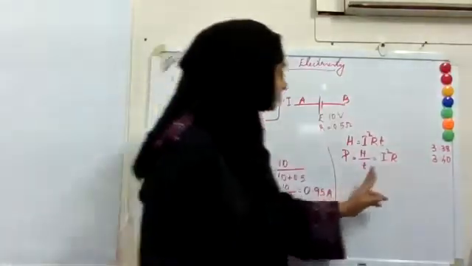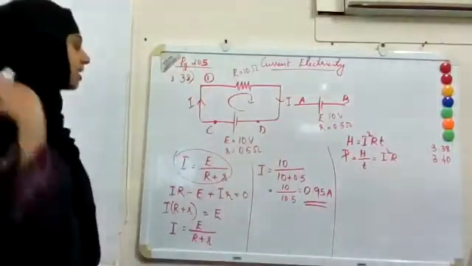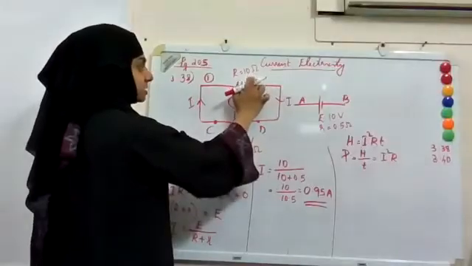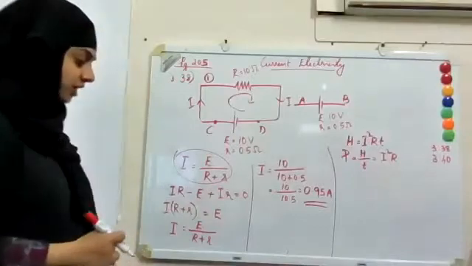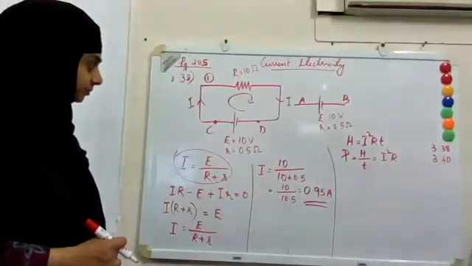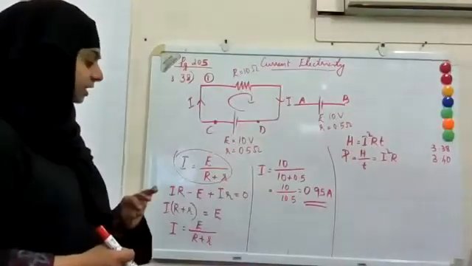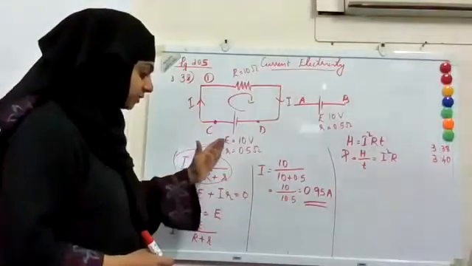Okay, now you have to take I square and R. See here you have this resistance R in the external circuit. Plus there is an internal resistance small r, right? So here you have to take this into consideration.